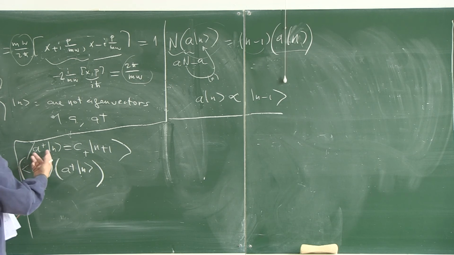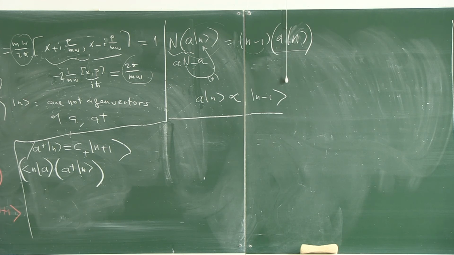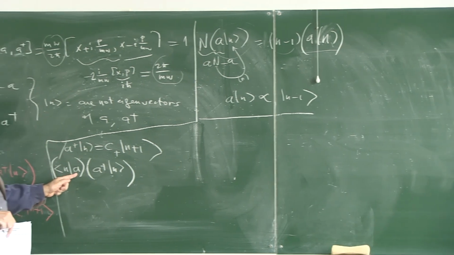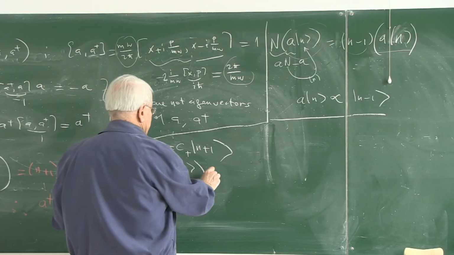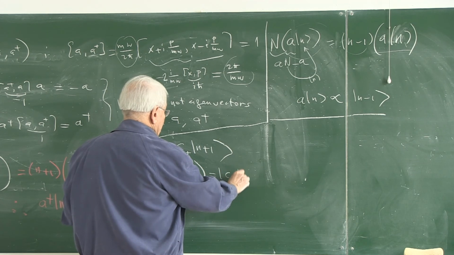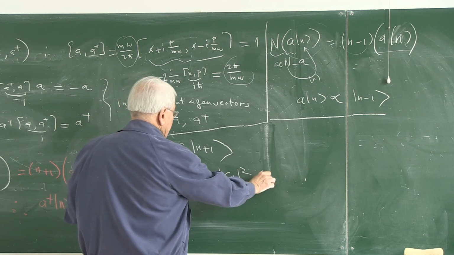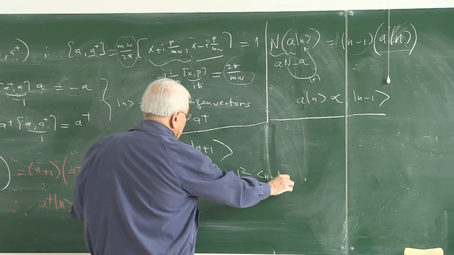If you go from this equation to its dual space counterpart, the ket went to the bra, the operator went to its Hermitian conjugate, so that's A. Numbers go to their complex conjugates, therefore this is the mod square <n plus 1|n plus 1>.